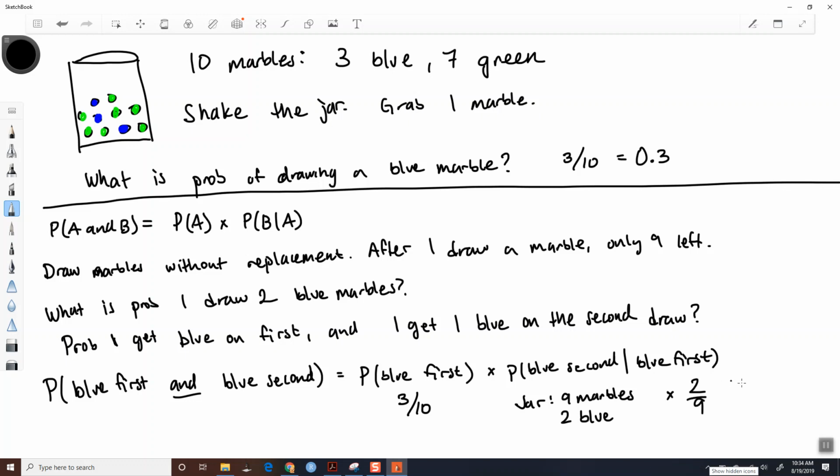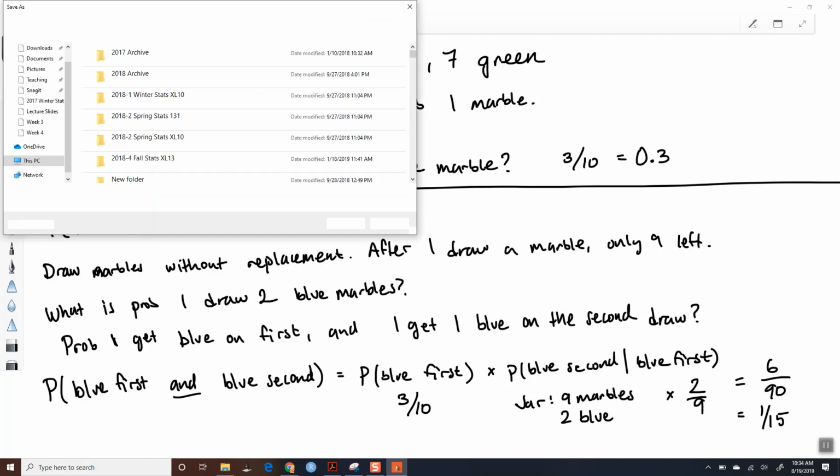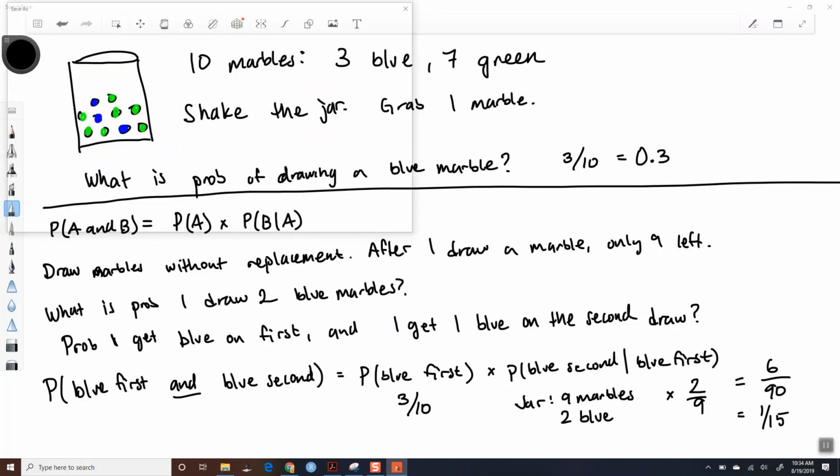And so we multiply 3/10 by 2 over 9, and we get 6 over 90, which I think is 1/15. Seems reasonable to me.